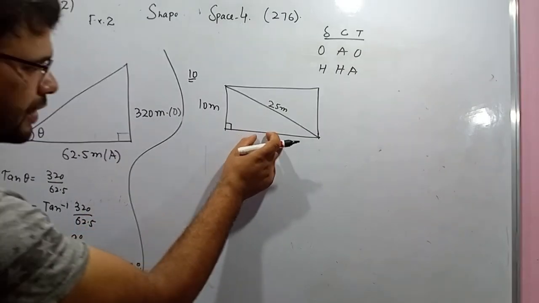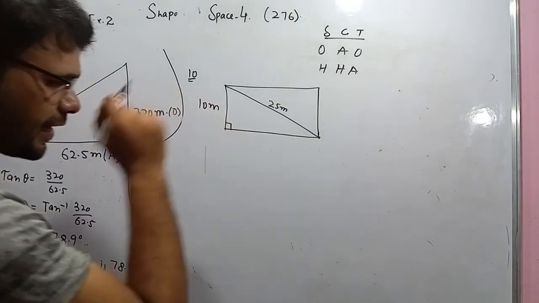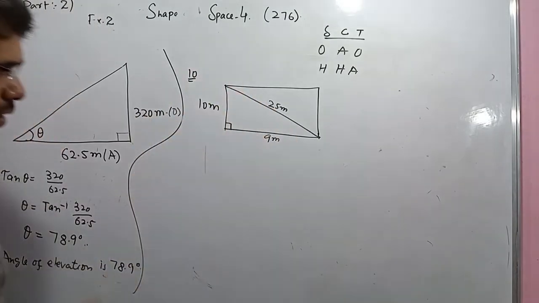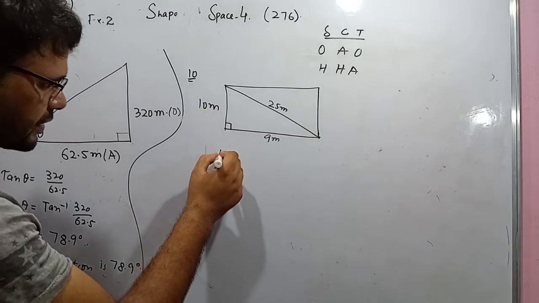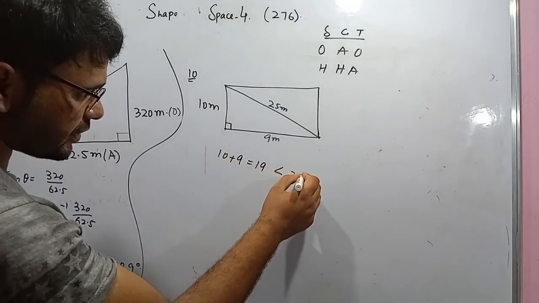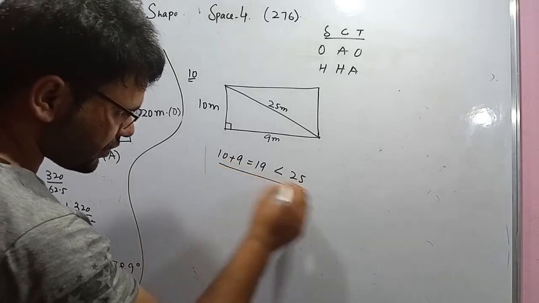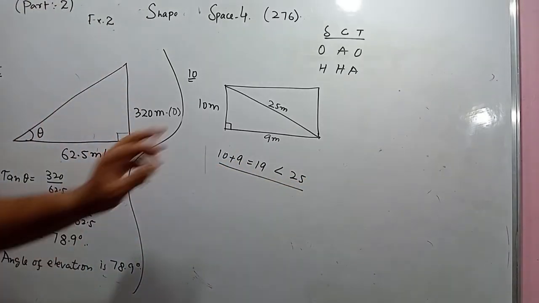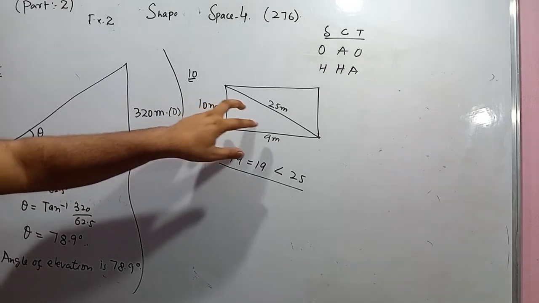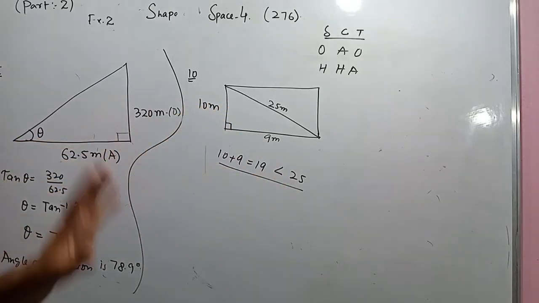For example, I am considering it is less than 10, that is, for example, 9 meter. Then you can see 10 plus 9 is 19, which is less than the third side, 25. Understand this. So here the sum of the lengths of two sides of the triangle is less than the third side.